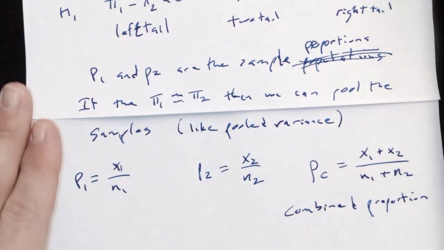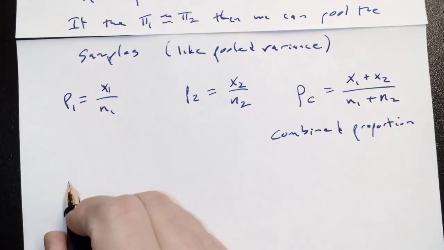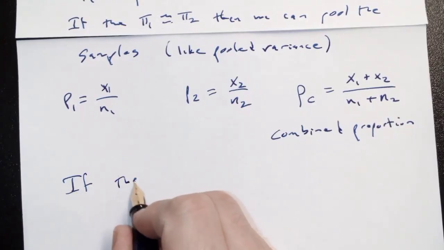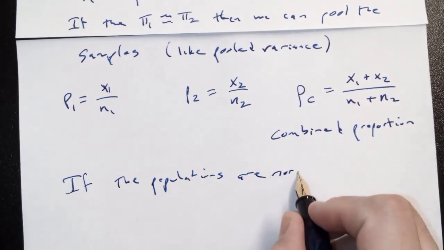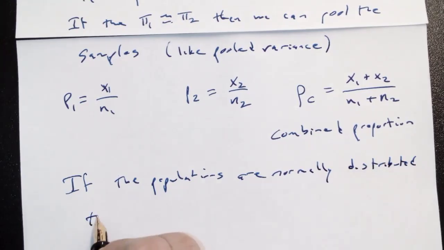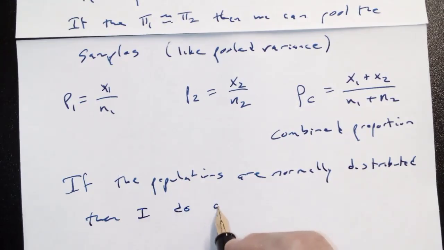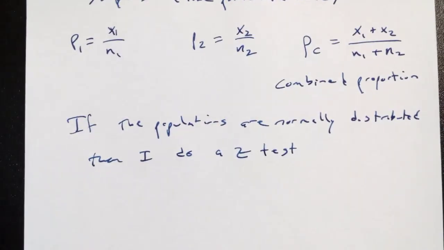So I'm going to do a z-test here. If I have a normally distributed idea, then I'm going to do a z-test. Now that's a big if, because I don't know off the top of my head whether or not these are normally distributed.